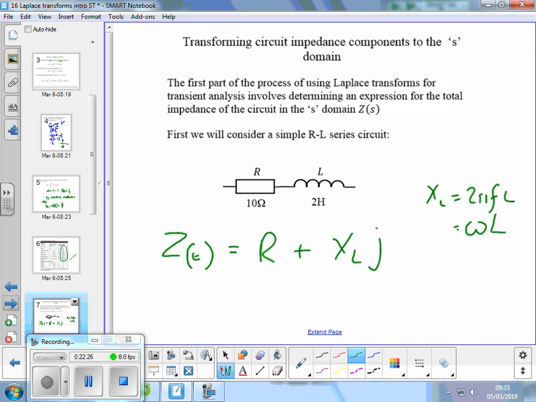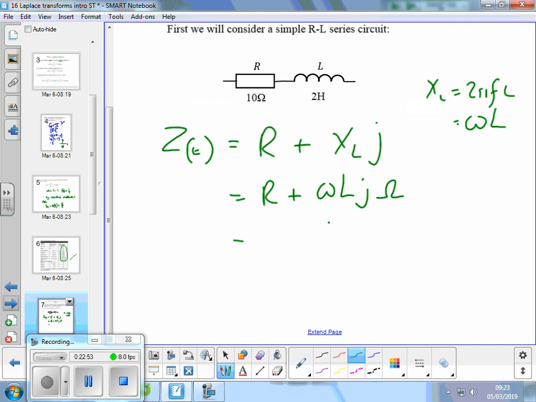So we can actually say that it is R plus omega L J ohms, which in this case is 10 plus 2 omega.